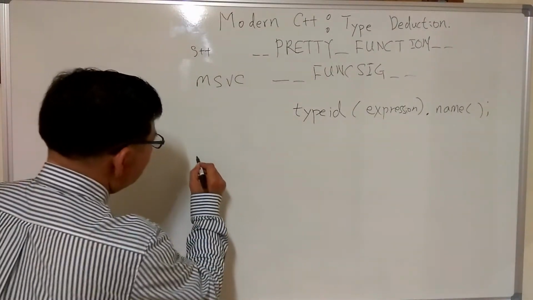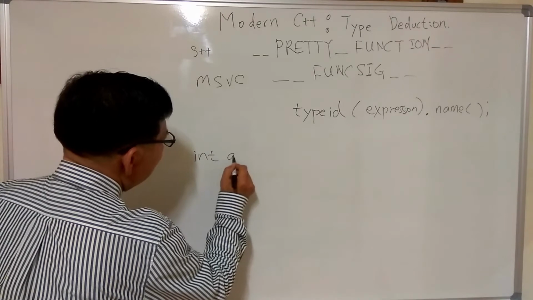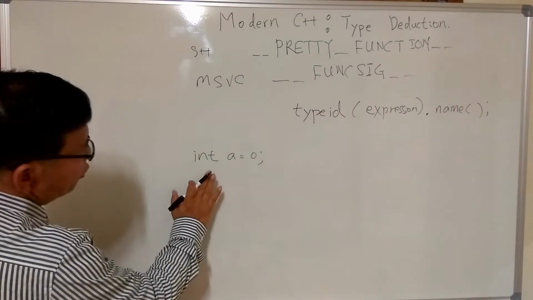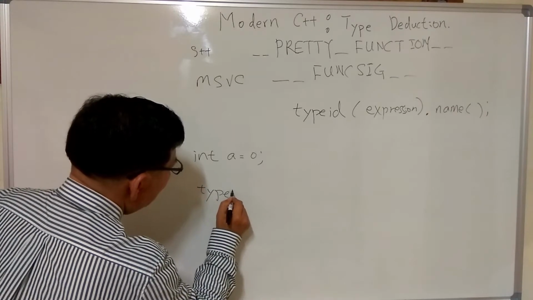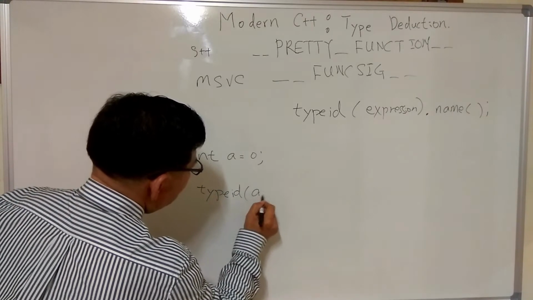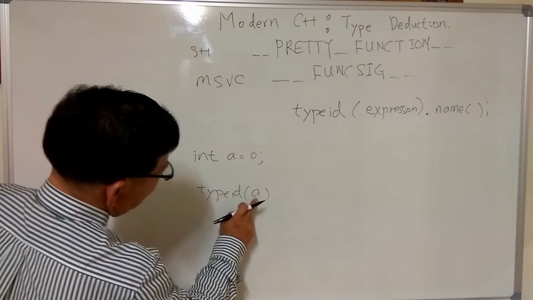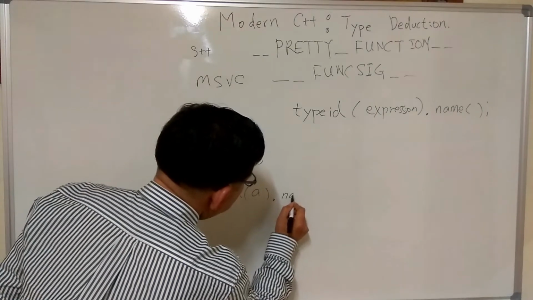For example, if we define A like this, then typeid(A) is the expression, dot name.